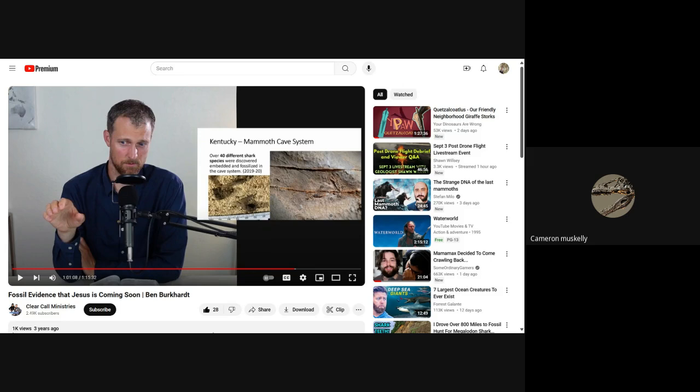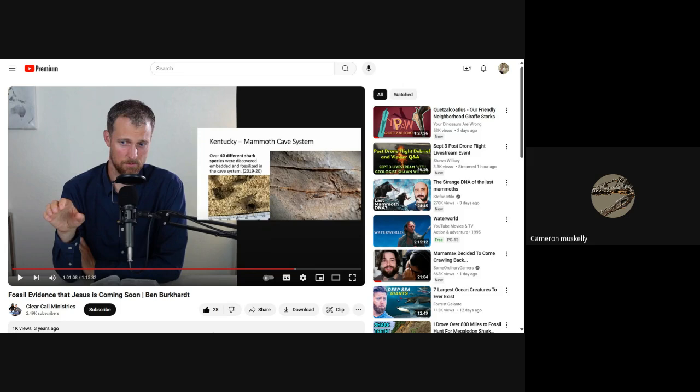But we are back to picking up where we left off on the fossils from the Mammoth Cave system. And where we left off, he was talking about the fish, or the sharks rather, that were found in the cave system within Mammoth Cave in Kentucky. And we were talking about the differences between modern sharks and the fossil sharks that are found within the Mammoth Cave area.